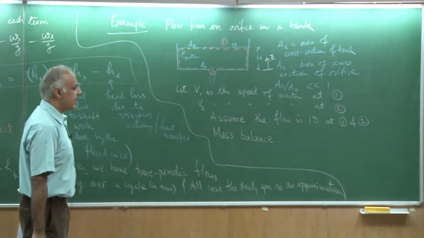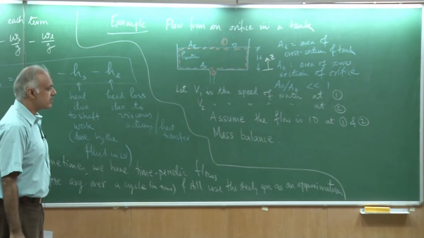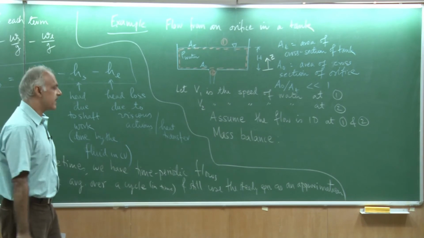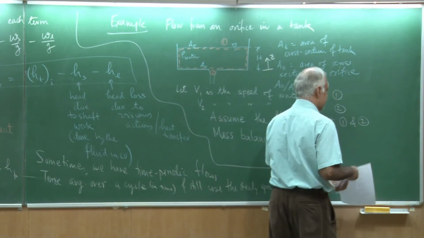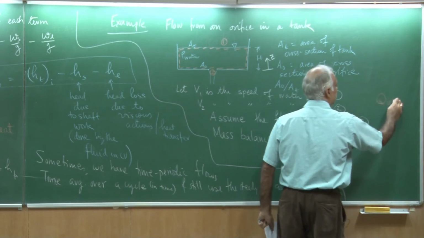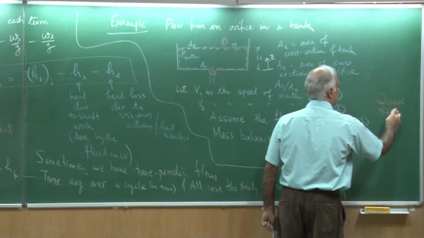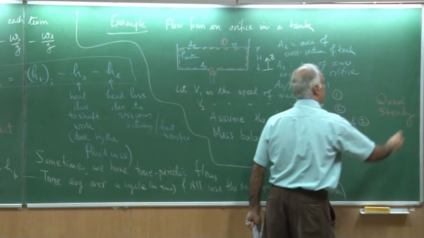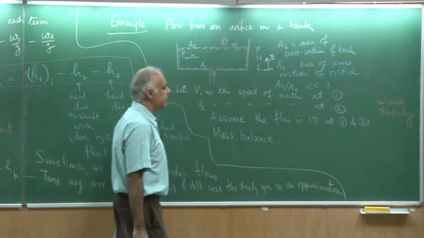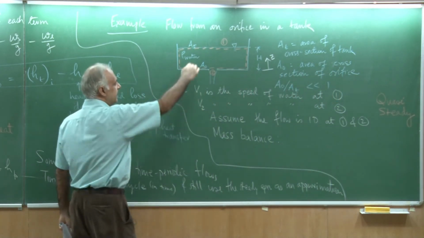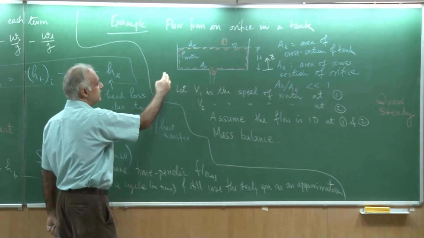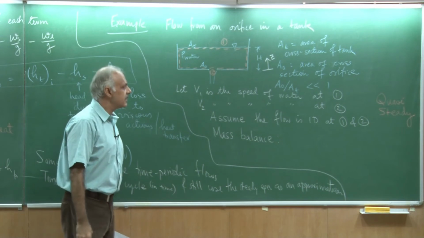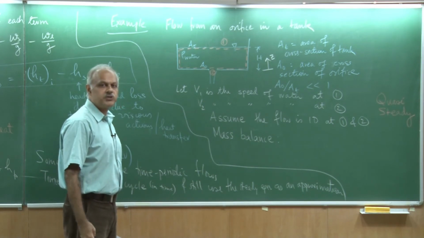Okay. All right. Now let's do the mass balance. And before we do that, we can also assume that the flow is quasi-steady. So let's make a big assumption here that the flow is quasi-steady. What does this mean? Really speaking, the flow comes out through this orifice, and as you will see, the mass inside the control volume changes.